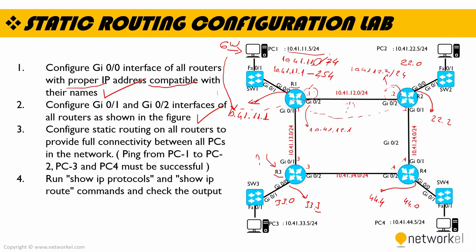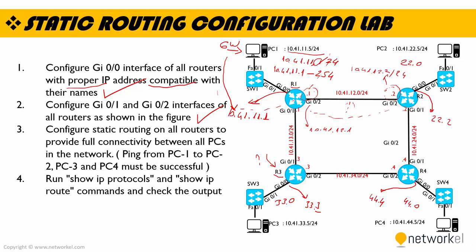And for router 1, which networks should I teach to router 1? And where should I send the packet? First, I need to define this. Then I'm going to write the static routing commands on the routers.